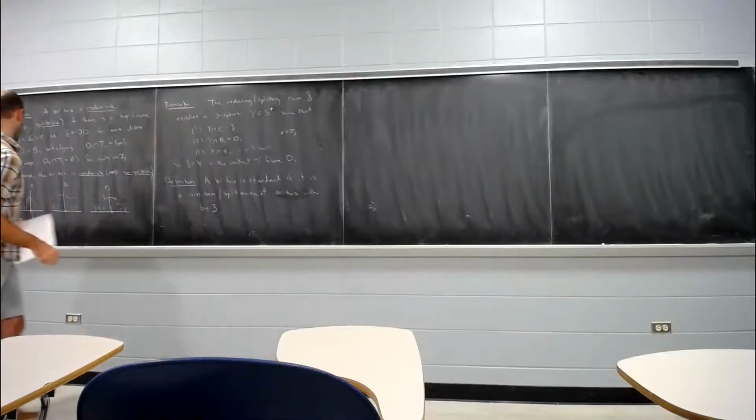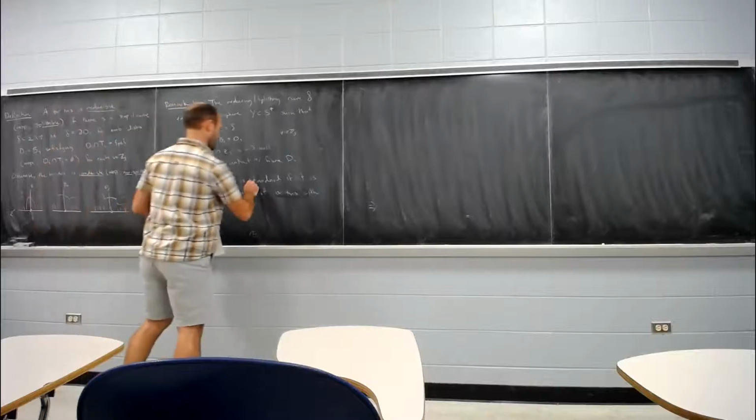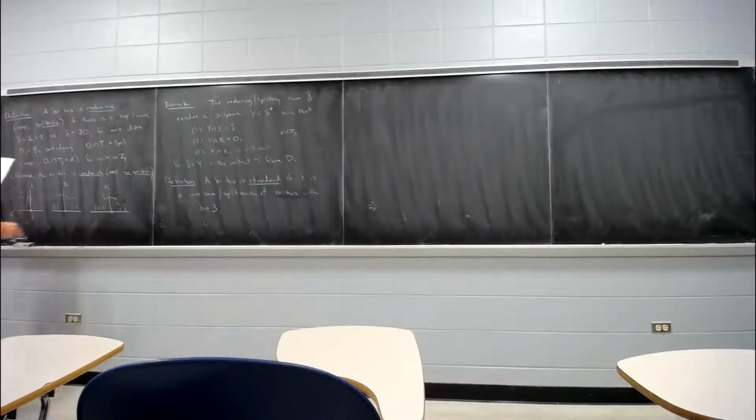So this is going to seem a little mysterious until we talk about what we're going to talk about next, which is the classification of bridge trisections up to bridge number 3. But somehow the way I prepared this kind of got put in this order.